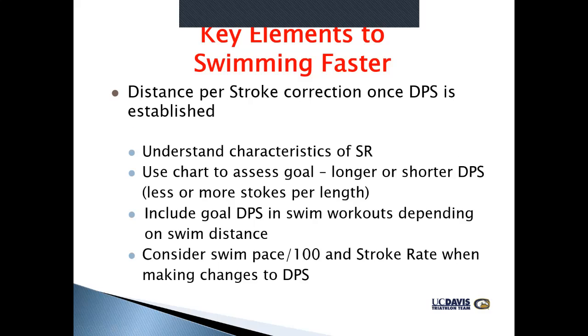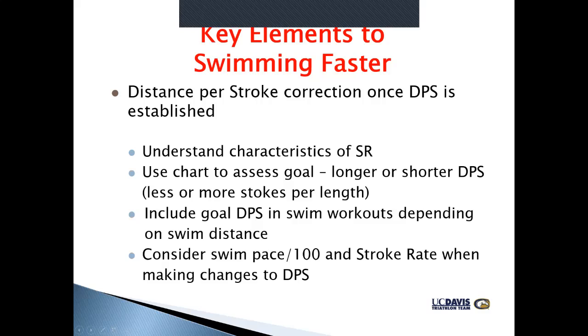Okay, so once we've done that and we've established the general number of strokes you take per length for each one of those distances, we've got to figure out what to do with that information, right? So you first start by understanding what the characteristics are of your distance per stroke, which relates to your stroke rate.